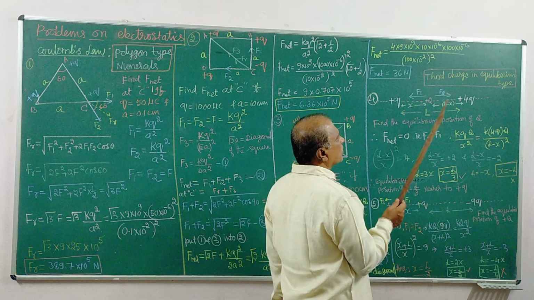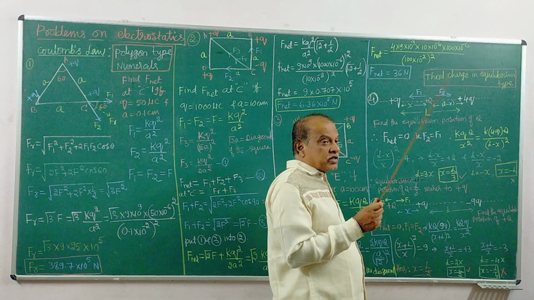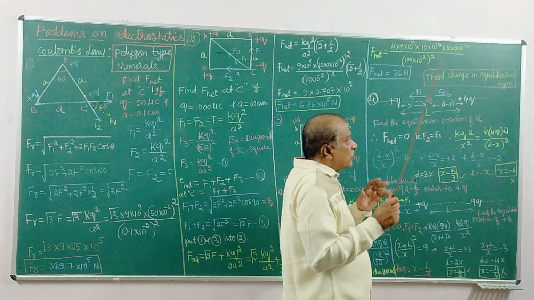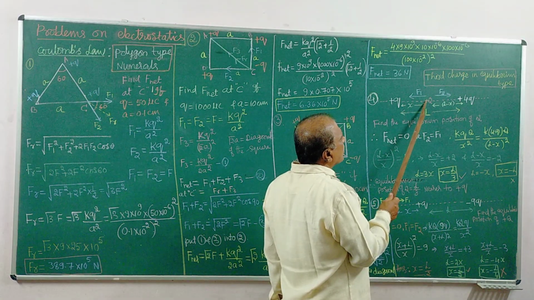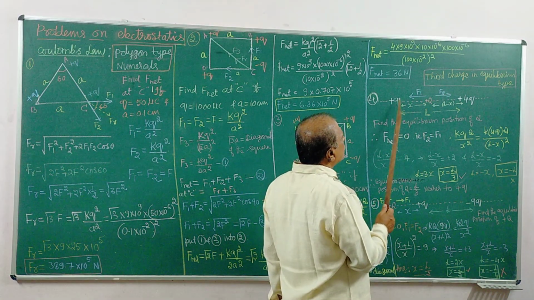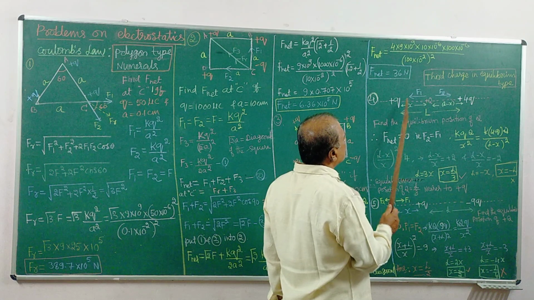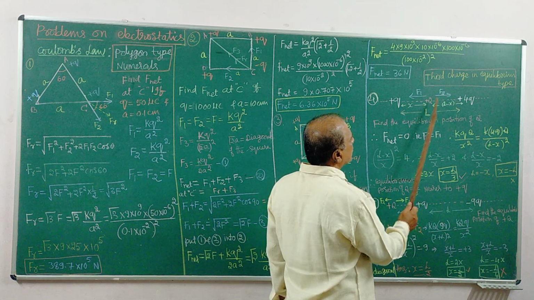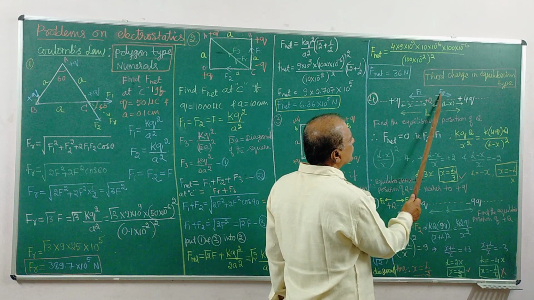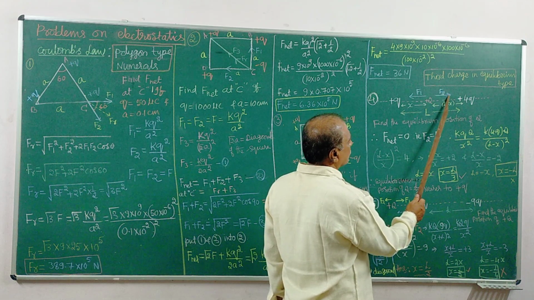What are the directions of the forces? When we keep it in between somewhere here, the force between plus and plus is repulsive. That is, the force is away from this point. That force is F2. Direction is this.